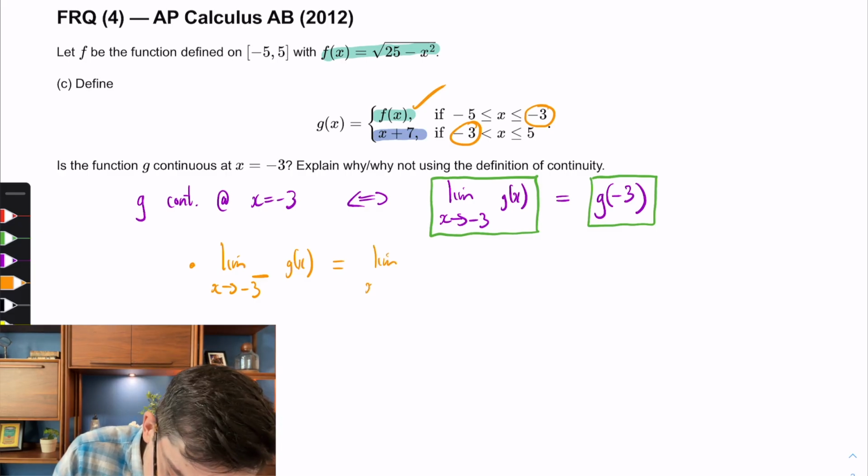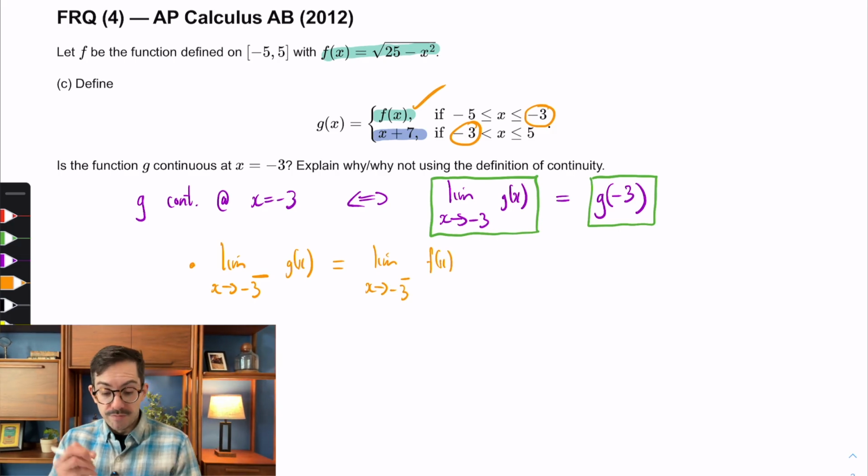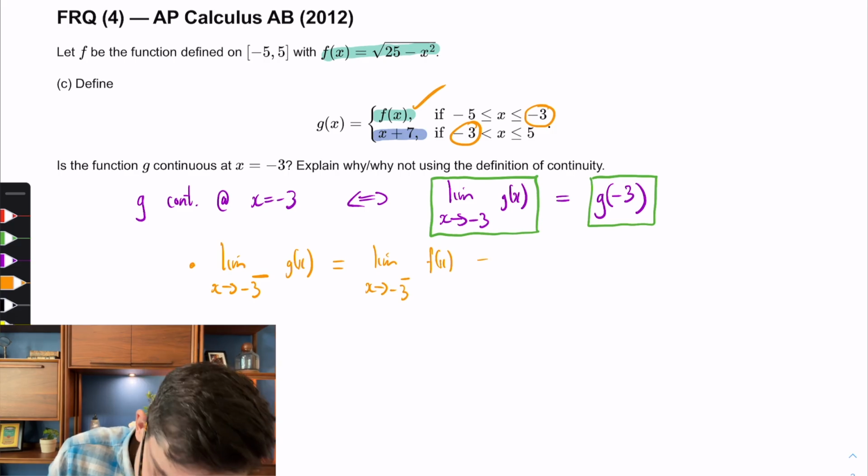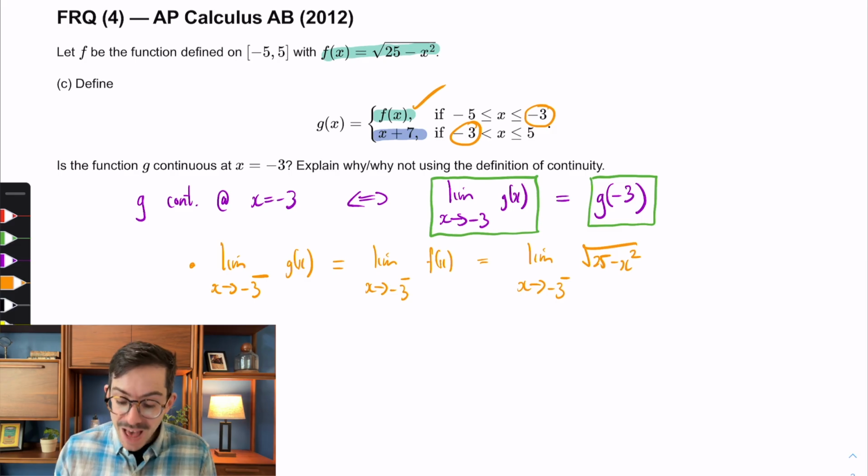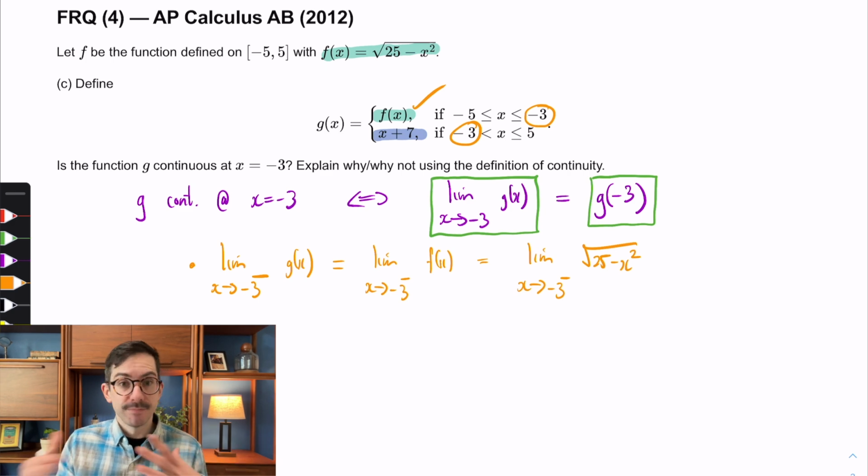So that is going to be the same as the limit of the function f of x under the same conditions. And we know the rule for f is the square root of 25 minus x squared. That is a nice continuous function on its domain. It's a polynomial, you've got a square root involved. Those are all continuous pieces joining together to make a continuous function.